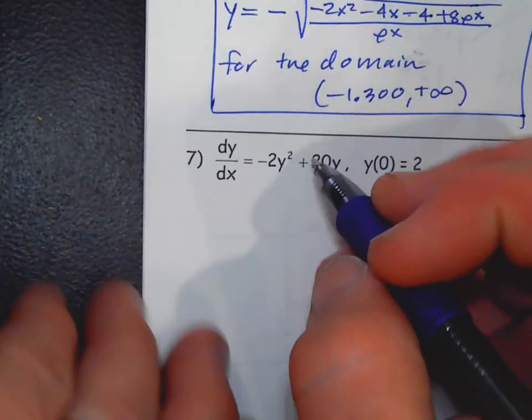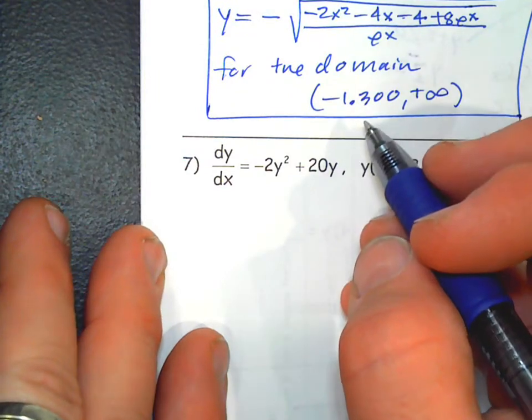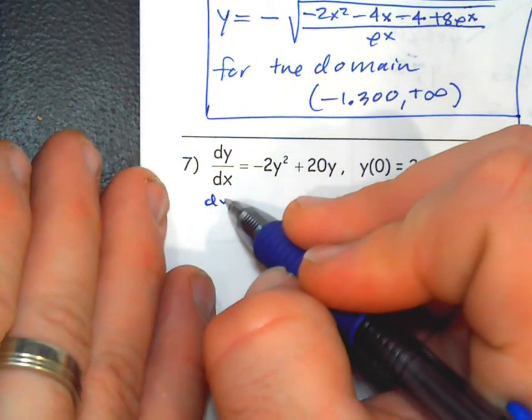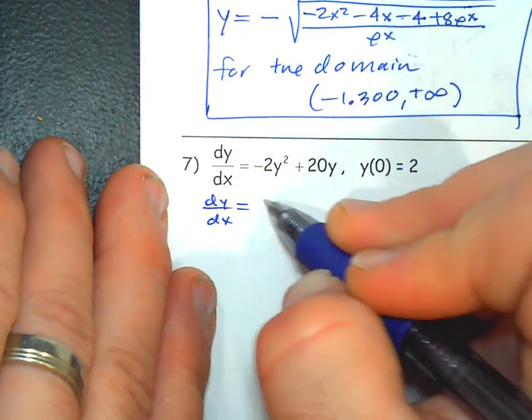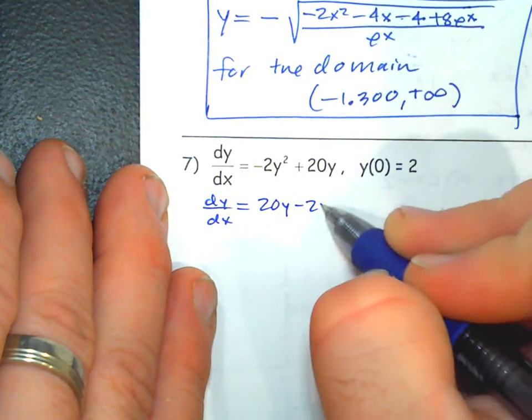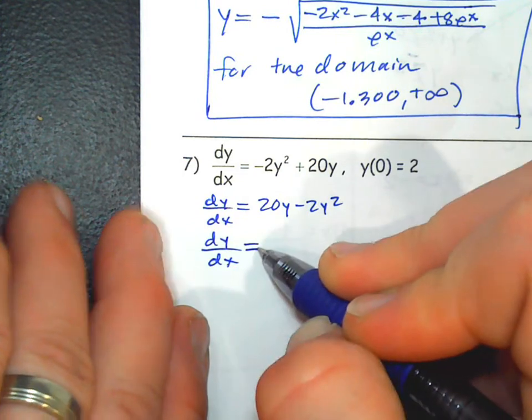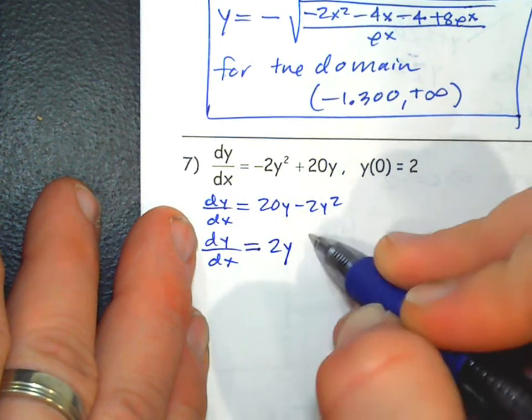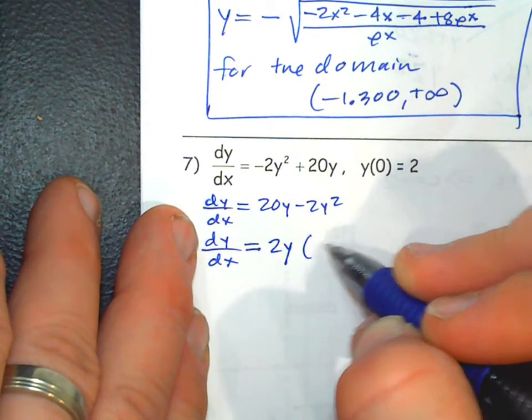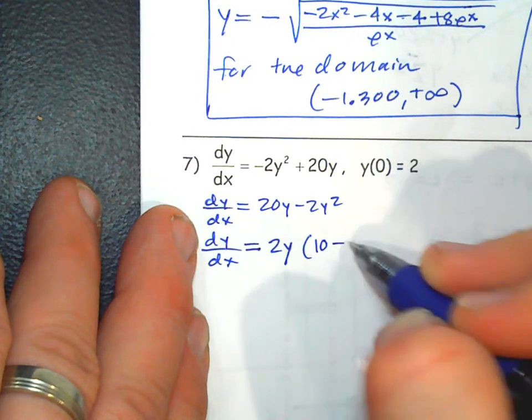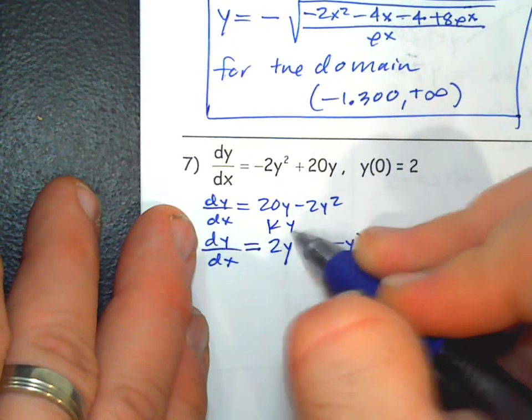All right, last one. This might look familiar to you. I mean, if I rewrite it a little bit, factor out a 2y, I get 2y times (10 minus y).